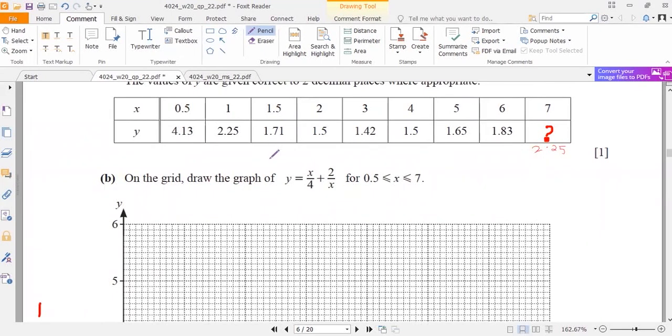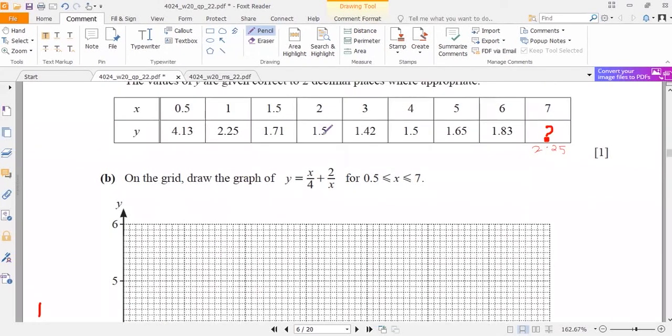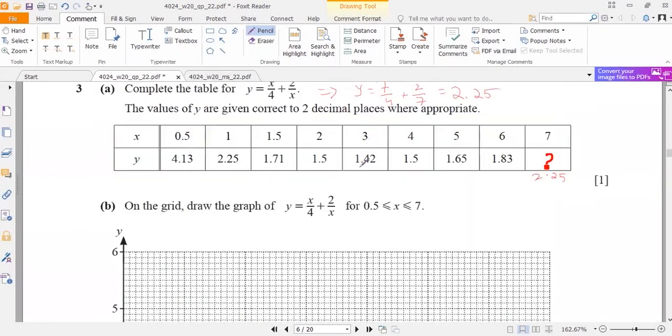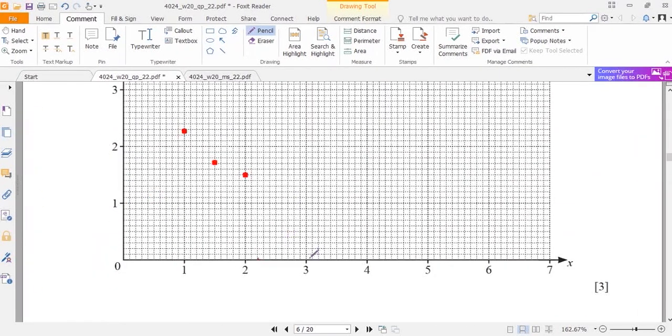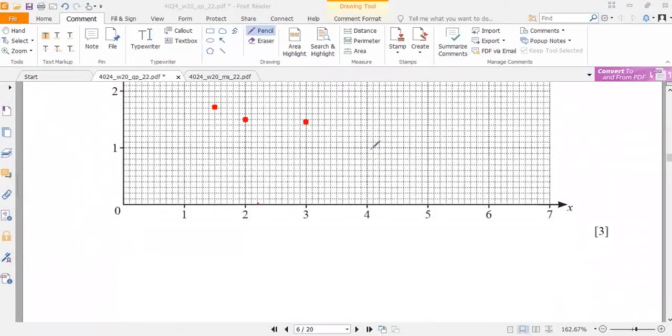Okay. 1.5, 1.71. 1.5 and 1.71. 2, 1.5. Okay. And 3, 1.42. It will be probably here. 4, 1.5, for 4 it will be 1.5 again.